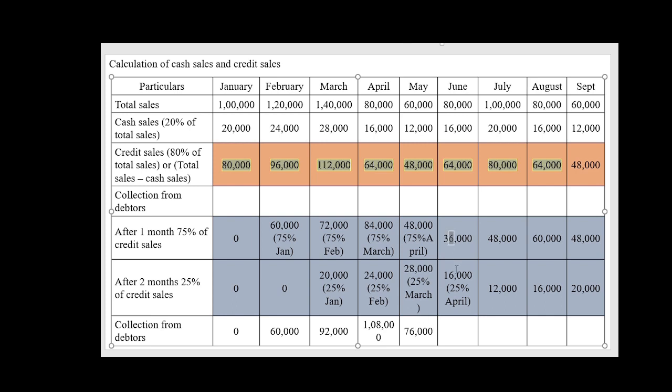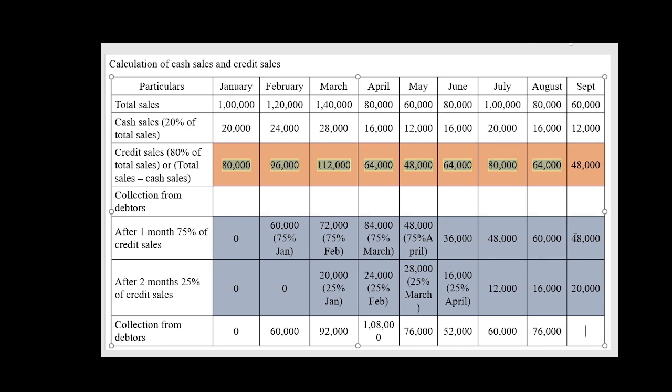For the month of June, it is 36,000 plus 16,000, so that will be 52,000. For the month of July, it is 48,000 plus 12,000, so that will be 60,000.